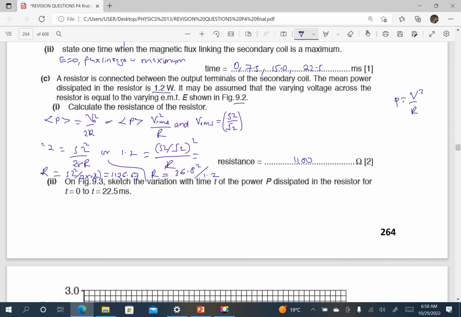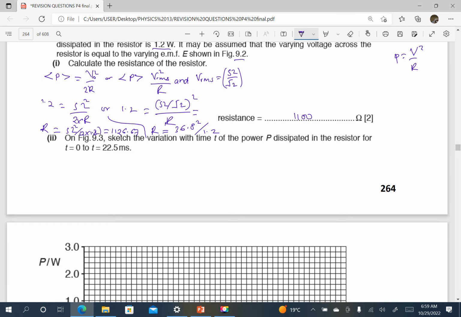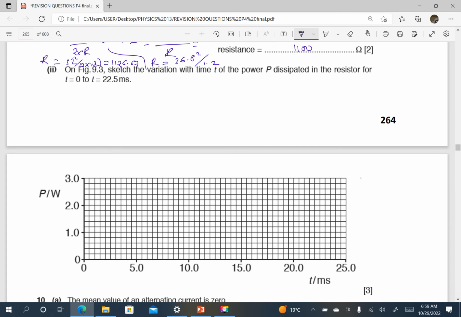Then on figure 9.3, sketch the variation with time t of the power P dissipated in the resistor. Remember, the power is always positive because power is I times V, and I and V are always in phase for alternating current.